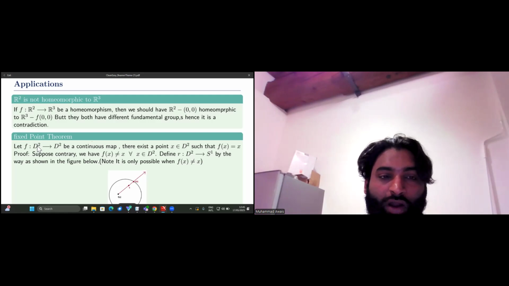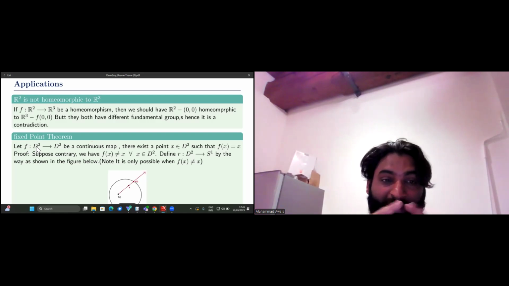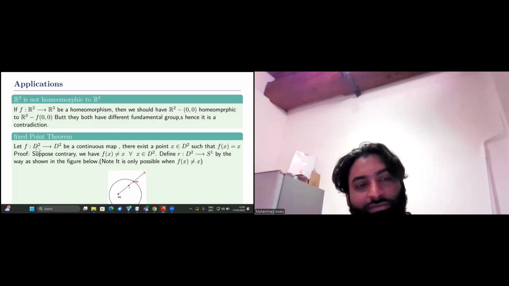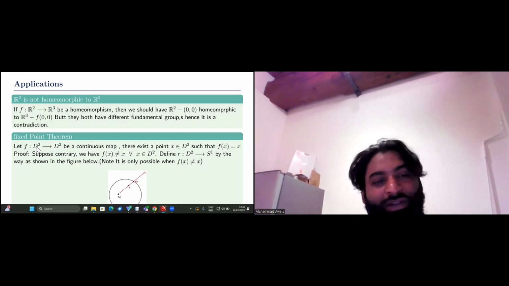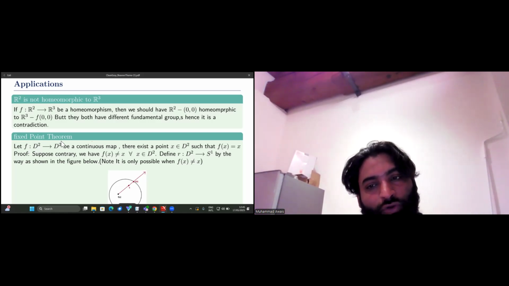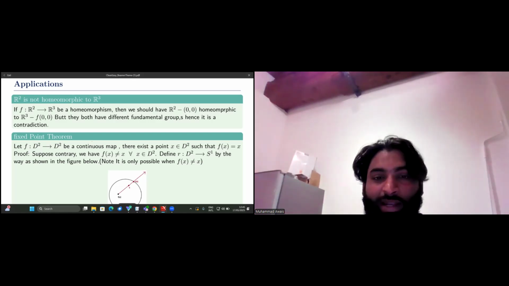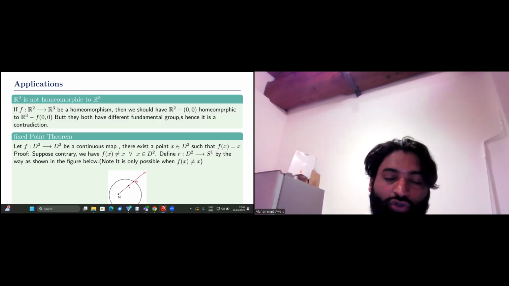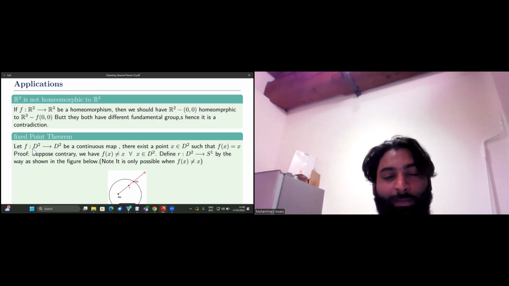If you have a continuous map from D2 to D2, where D2 is a closed disk in R2, all the points whose distance from the origin is less than or equal to 1, then there exists a point x such that f of x is equal to x. Whatever continuous map you have from disk to disk, it should always have some fixed point.